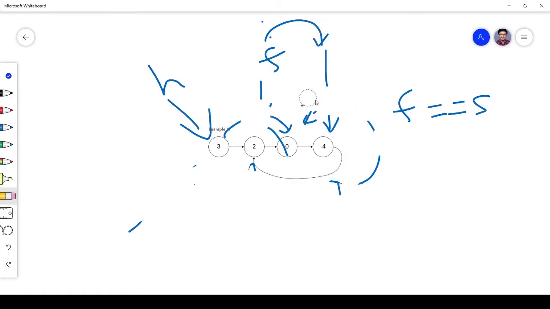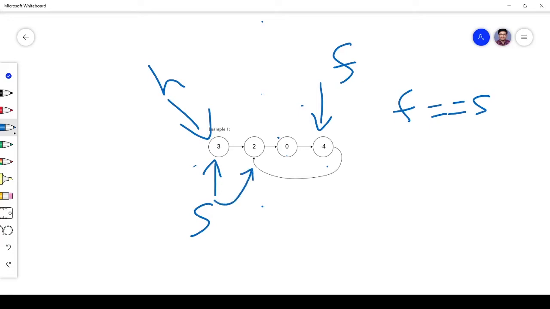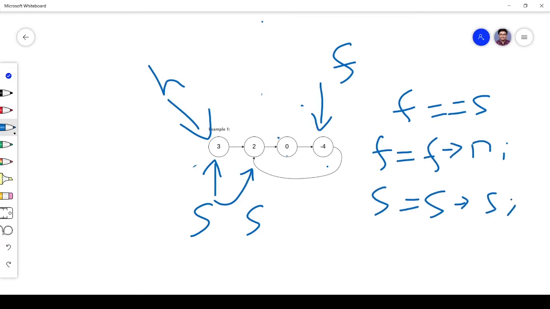Now our next task is to find from what position the cycle starts, that is, at what position the tail is pointing to. Let me just clear the screen. We keep fast where it was last, but we reallocate slow to the head. So slow is pointing towards head and fast is pointing towards the meeting point. Now we iterate S by 1 and F is also iterated by 1 only. In the second iteration, we move fast by one node only, and slow will obviously move.